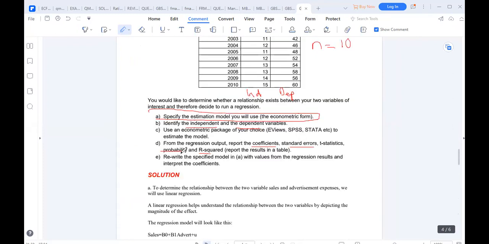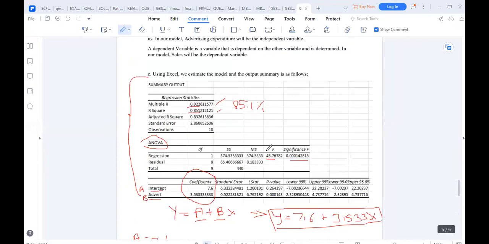Yes, so we've been asked to interpret the output, then write a specified model with the values and interpret the coefficients. So we've done everything now. The other part I wish to mention is to see whether advertising is significant. You check the lower bound and the upper bound.